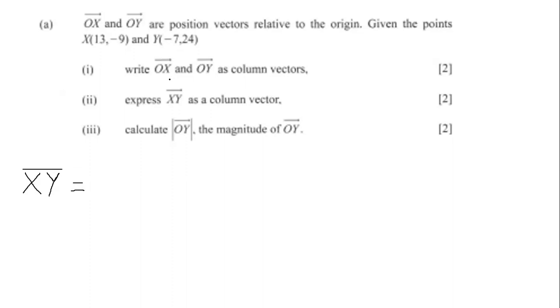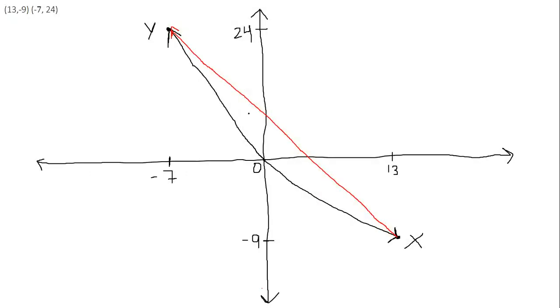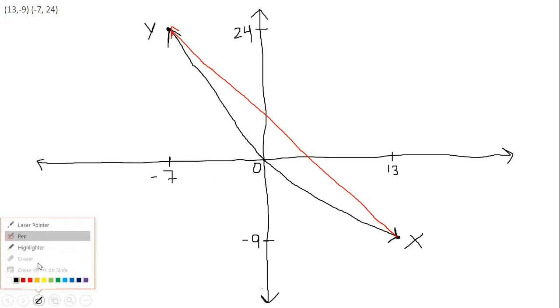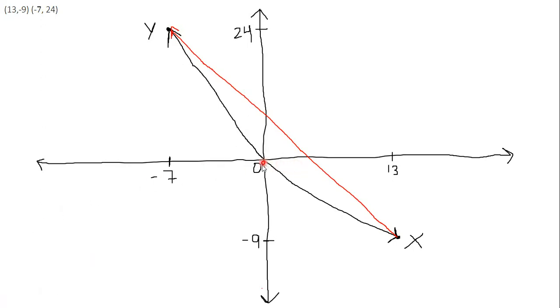Notice this graph shows that the vector OX starts from the origin and goes to the point X. The vector OY starts at the origin and goes to the point Y. That's the vector OY right here. But what is the vector XY?